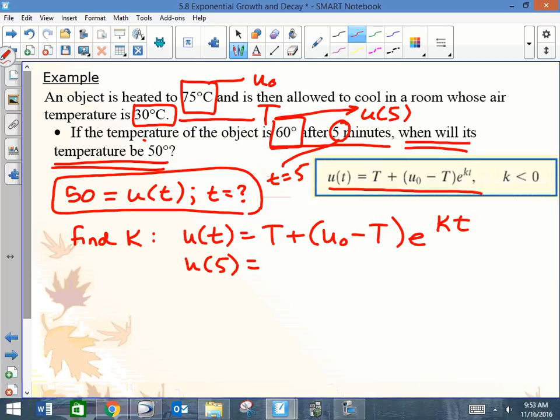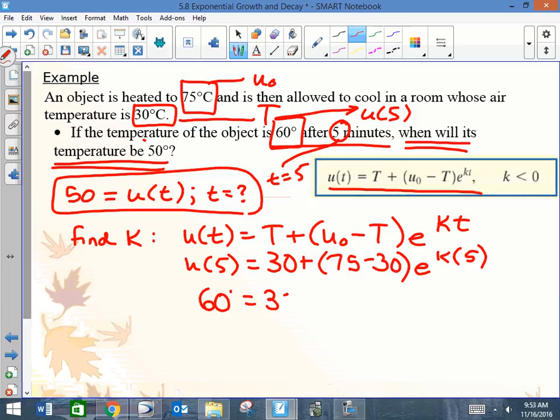Big T, Lauren said was 30, so we're going to put that in there and here. Okay, and Lydia said U of 0 is 75, so we're going to put that there. And Melanie said T was 5, so we're going to put that there. U of 5, she also said was 60.